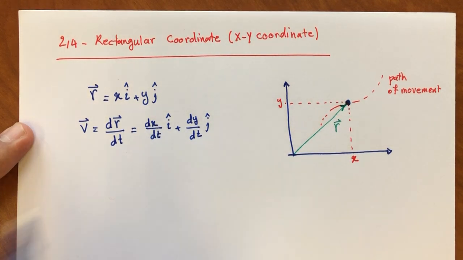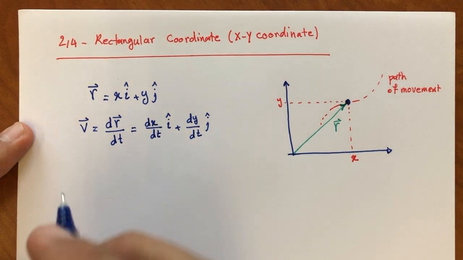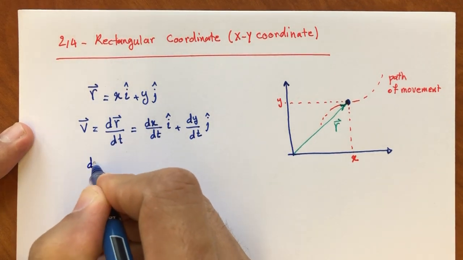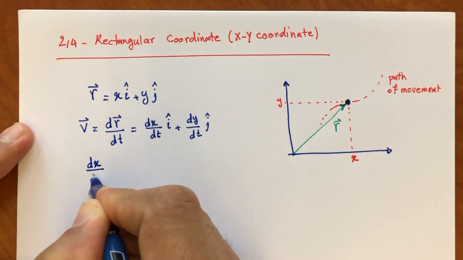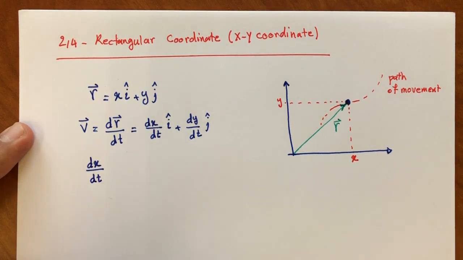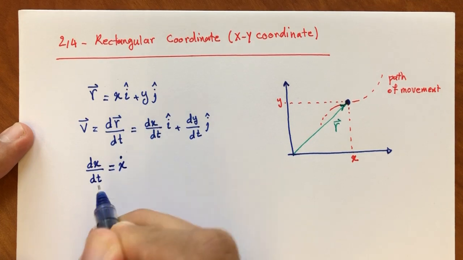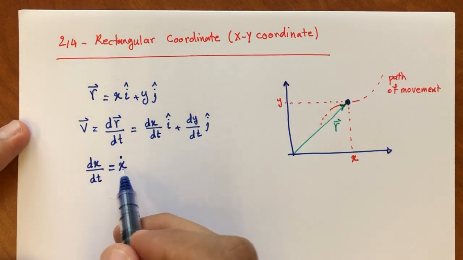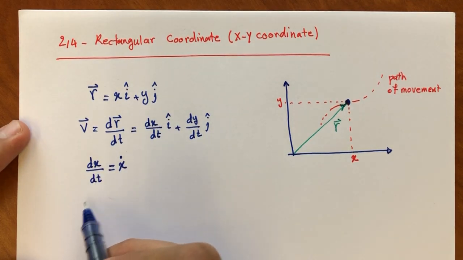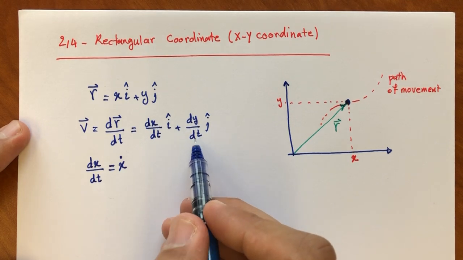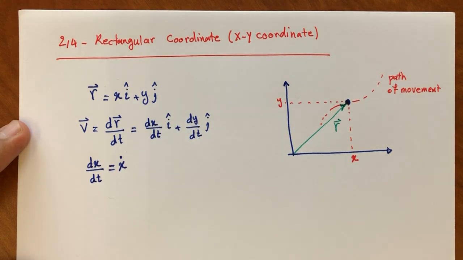There are some conventions about derivatives. Usually people show derivative with respect to time with a dot. So x dot means derivative of x with respect to time. Same thing for y. dy dt, we can show it with y dot too.